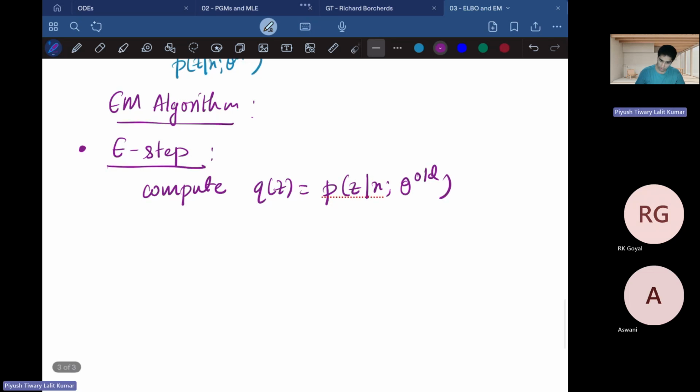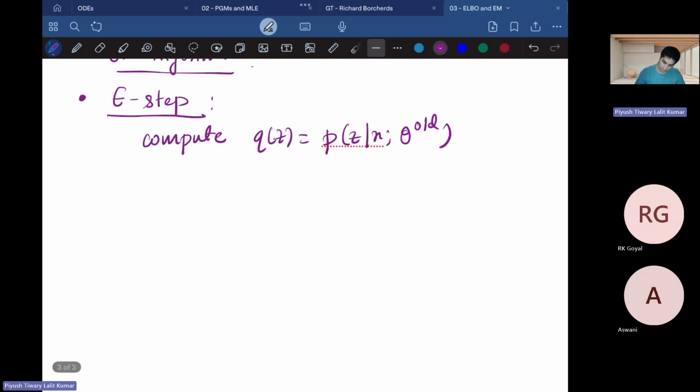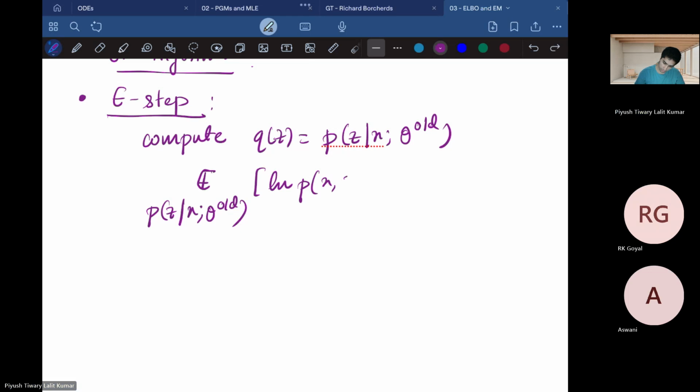And using this, you are going to evaluate this expectation, the expectation under P of Z given X, theta old, of ln P of X comma Z given theta. This is your Q of theta comma theta old.